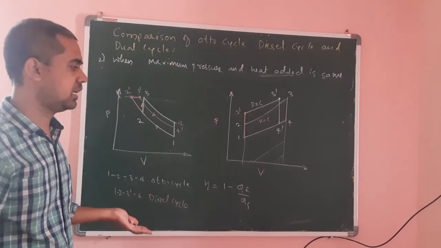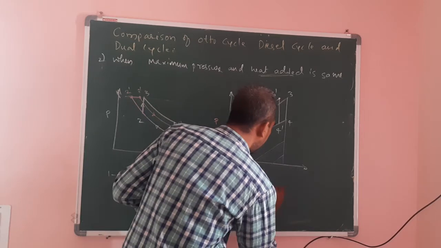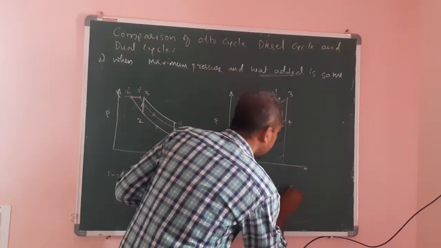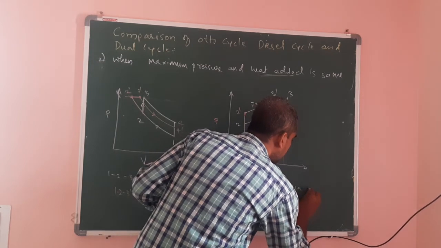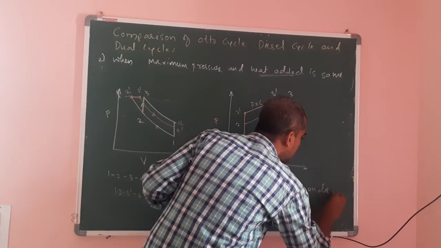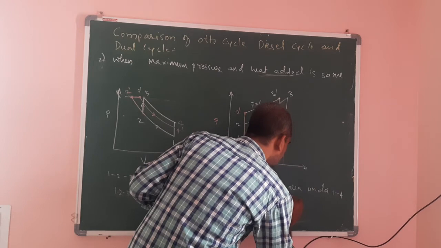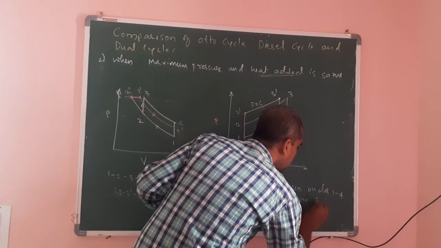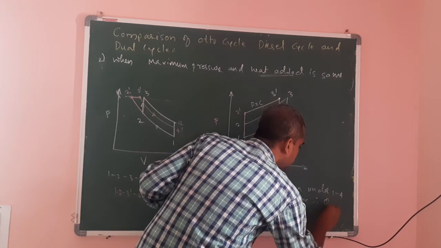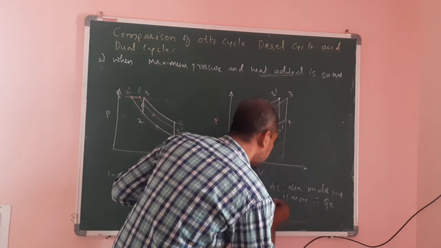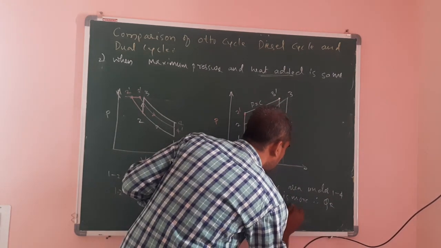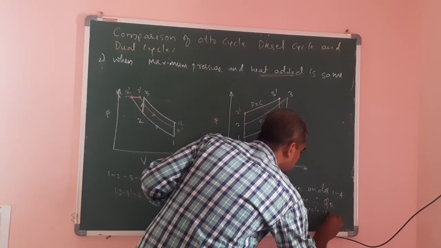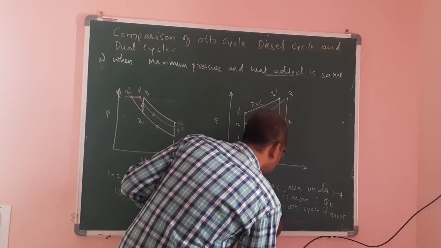Therefore, for this statement you have to write: QR for Otto cycle is more.